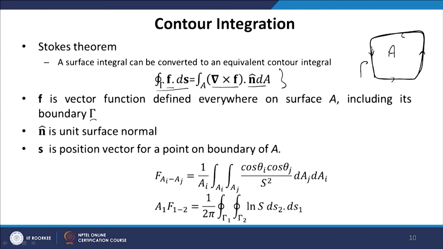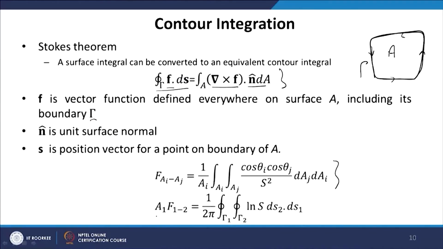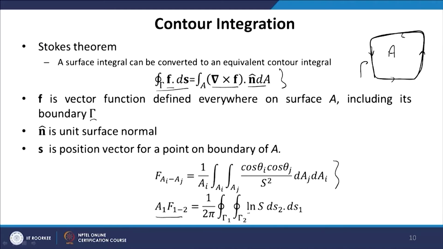So, with some mathematical manipulation, the double surface integral in the finite area view factor can be converted into a double line integral by applying the Stokes theorem twice, and what we get is A1 F12, that is basically the view factor between surface 1 and 2, or i and j, equal to 1 upon 2 pi times the double line integral over the two contours, that means the contour of surface 1 and the contour of surface 2, and the integrand here is ln s.